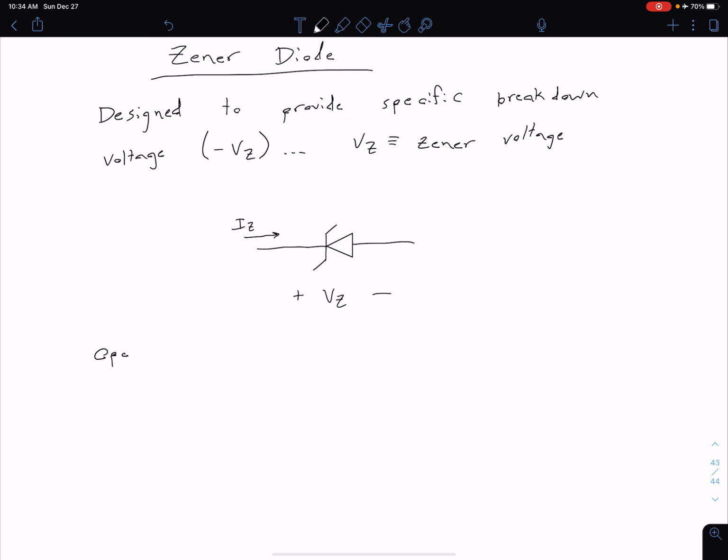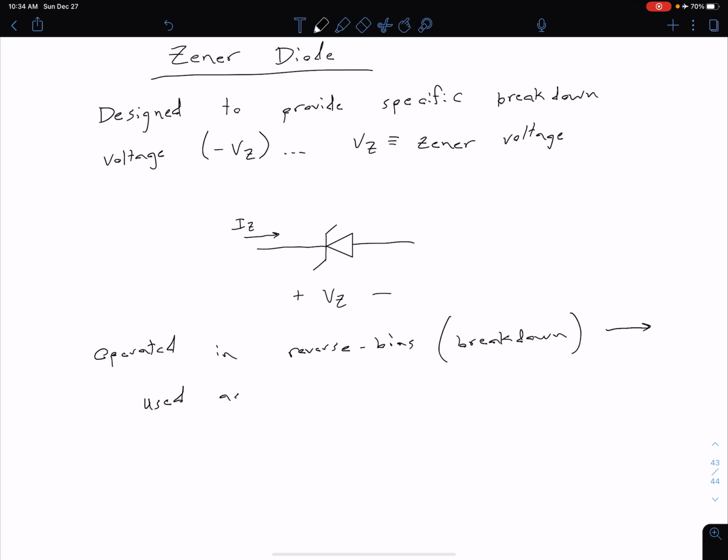So our Zener diode is operated in reverse bias, and more specifically in breakdown. It's done intentionally, because we can then use that as a voltage reference.